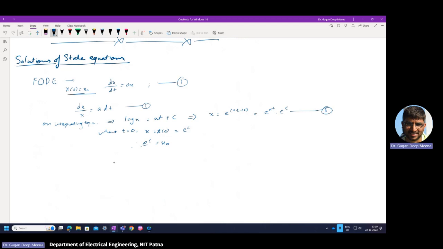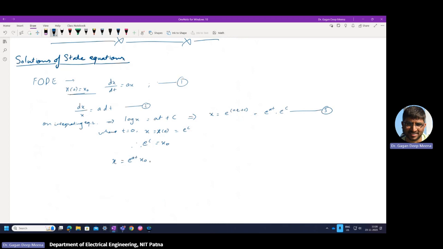By using t equals 0 in this equation, we get this, and using it again in the previous equation, we get x equals e to the power a t times x0.